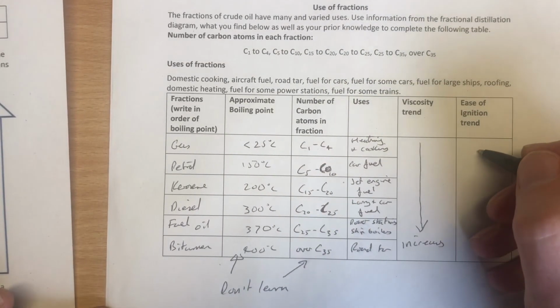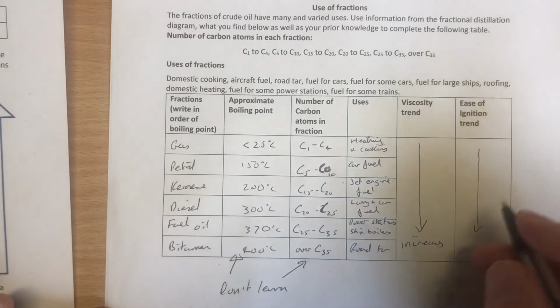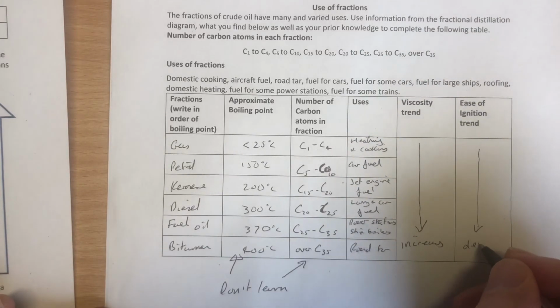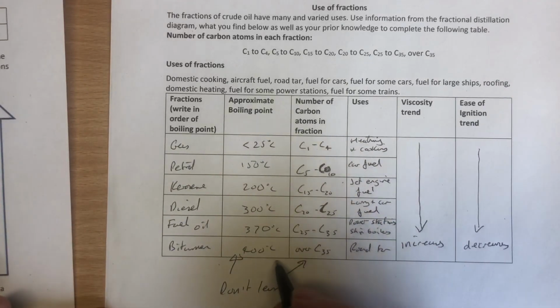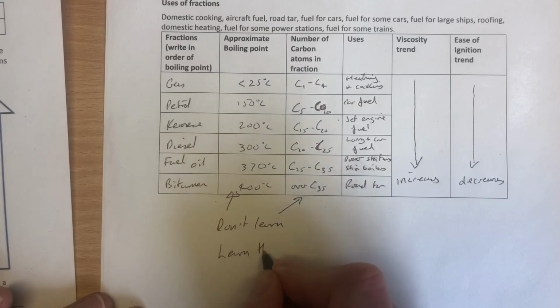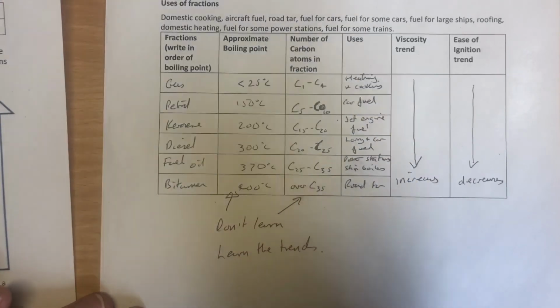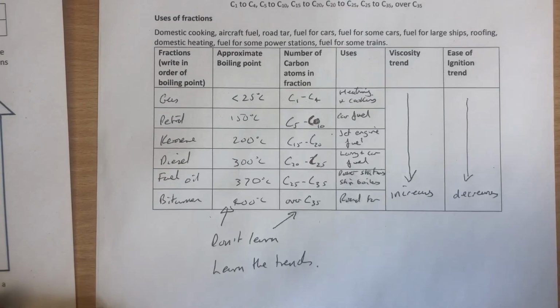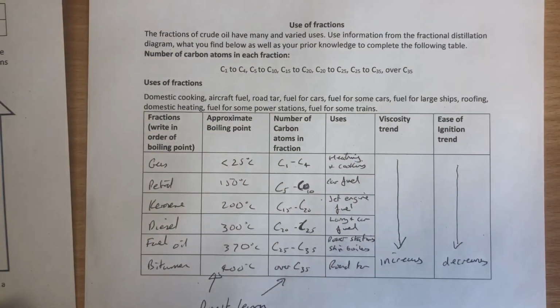Okay, as we go down, they get less flammable. The ease of ignition decreases. Okay, so don't learn the numbers for these, learn the trends. That's important. And that's what we need to know about fractional distillation of crude oil for GCSE.